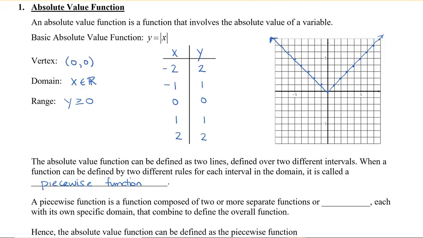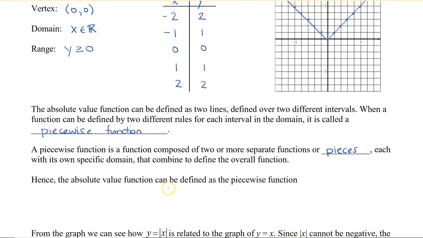So a piecewise function is a function composed of two or more separate functions or pieces, each with its own specific domain that combine to define the overall function. So later on in calculus, actually, you will take a look at multiple pieces put together to create a bigger function.